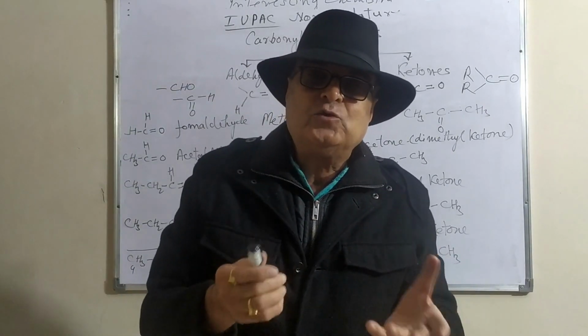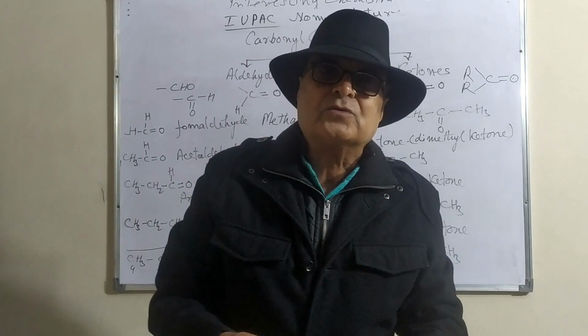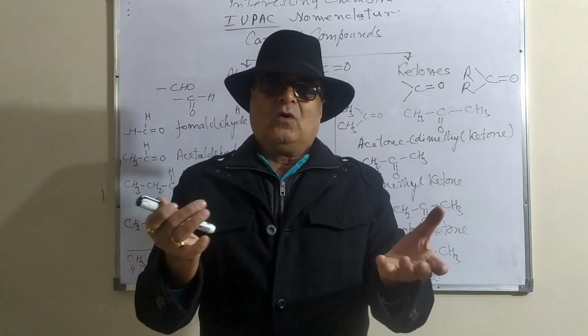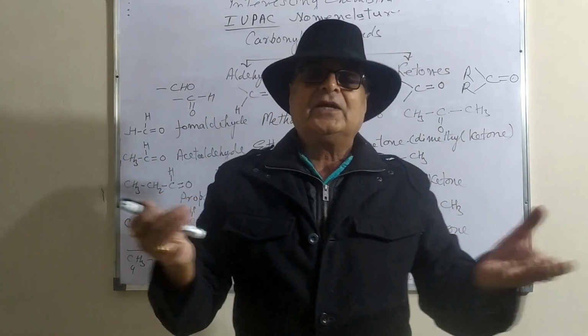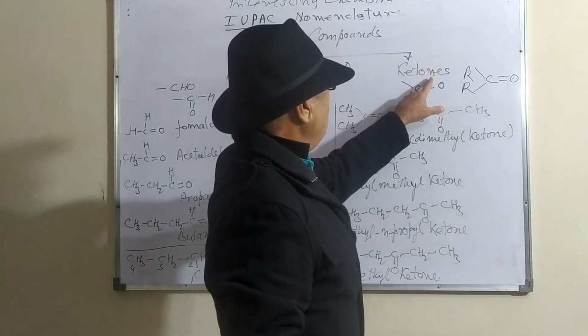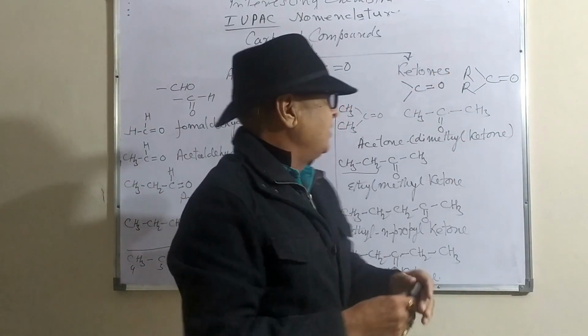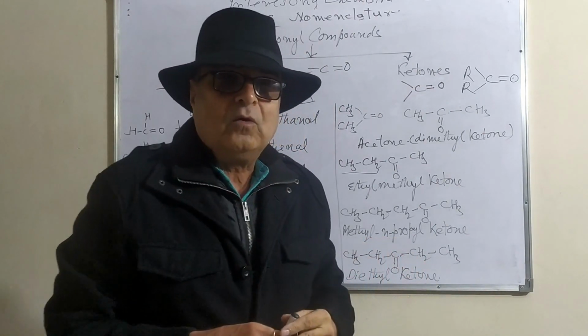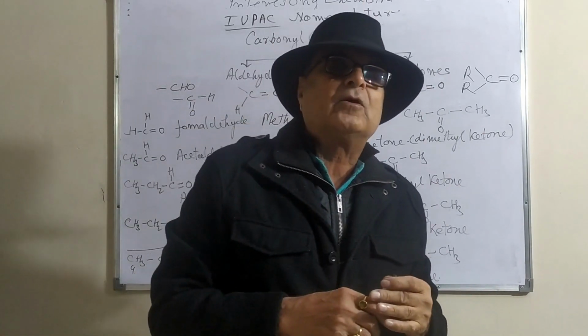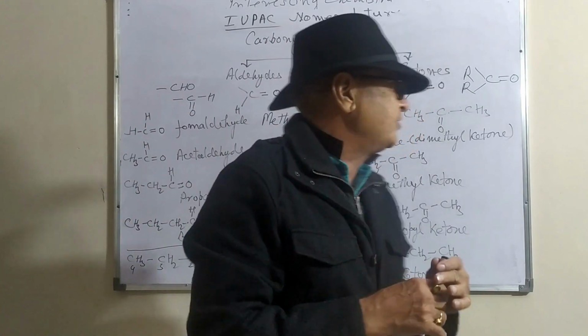Now I am telling you the IUPAC naming for ketones. The suffix is only -one. How? First of all, select the number of carbon atoms in the longest chain.